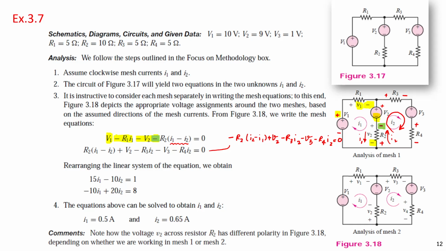This is the same equation, right? The last four terms are the same, and the first term we just change from positive to negative, I1 and I2. So just keep systematic. I2, this is the positive direction. In the positive direction, this is plus to minus, right?